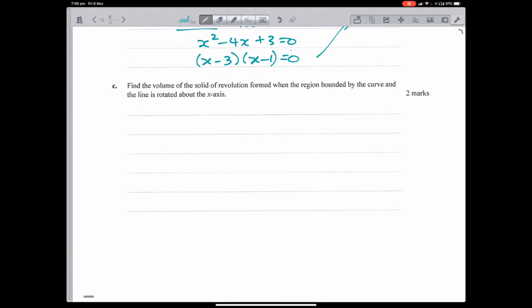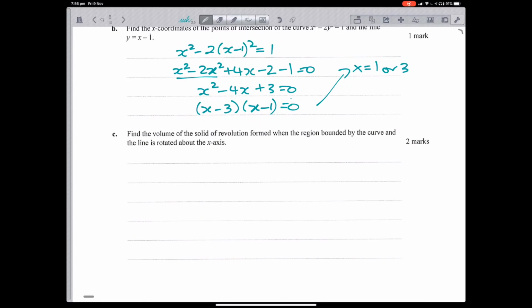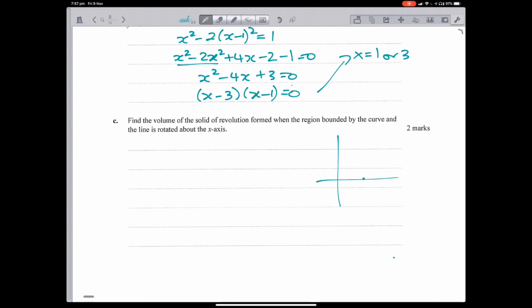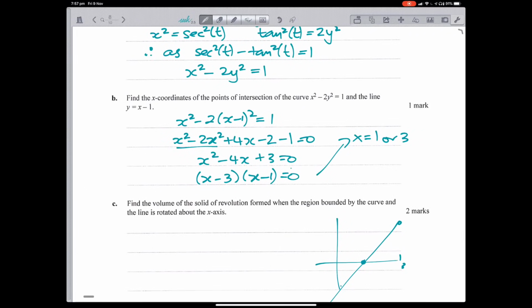Find the volume of the solid formed when the region bounded by the curve and the line is rotated about the x-axis. So we know we've got x minus 1, which goes through 1. So there's 1 point, and the other point is 3. And then that's a hyperbola, which I'm thinking is going to go like that. So it's got to be this area here, and then that's rotated about the axis.